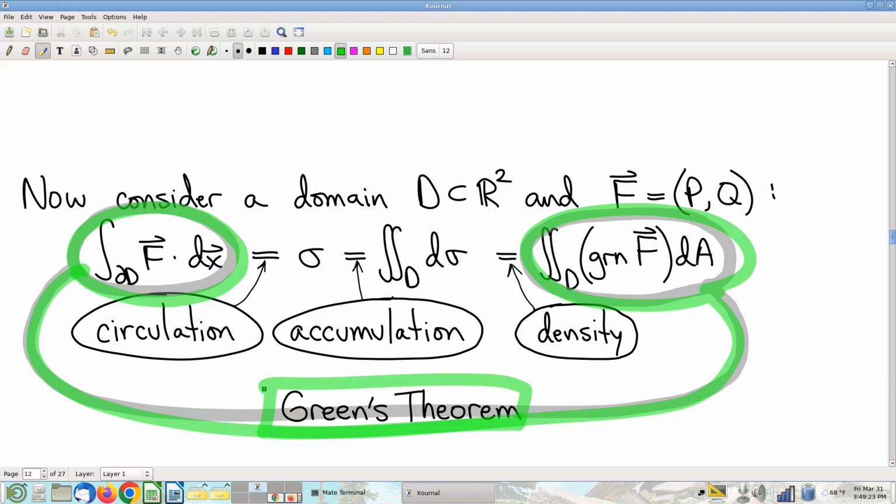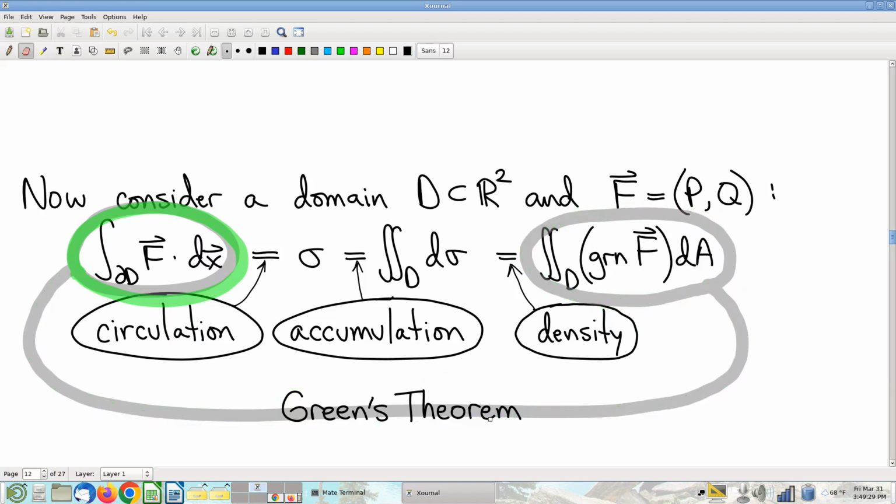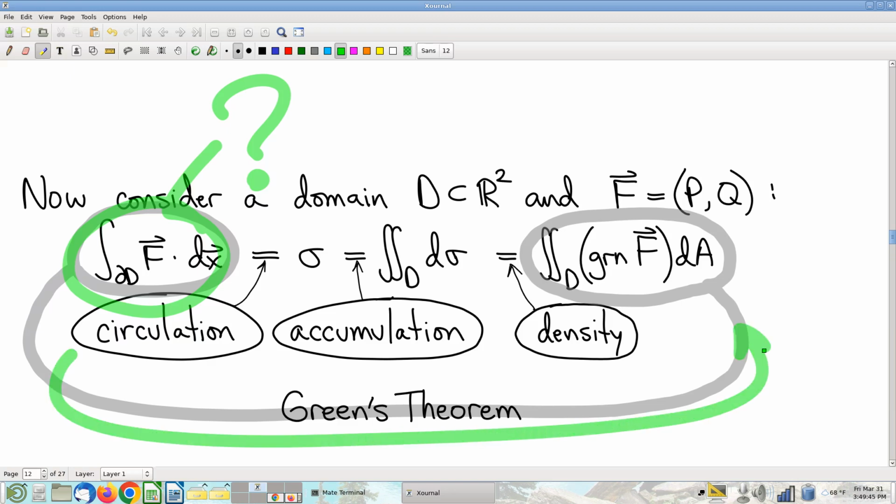Everybody with me? Okay. Now, computationally, why do we care about this? Well, computationally, if I find myself looking at a boundary line integral, I don't have to compute it as a line integral. I can say, for whatever reason I don't like that, I am instead going to compute the corresponding double integral.